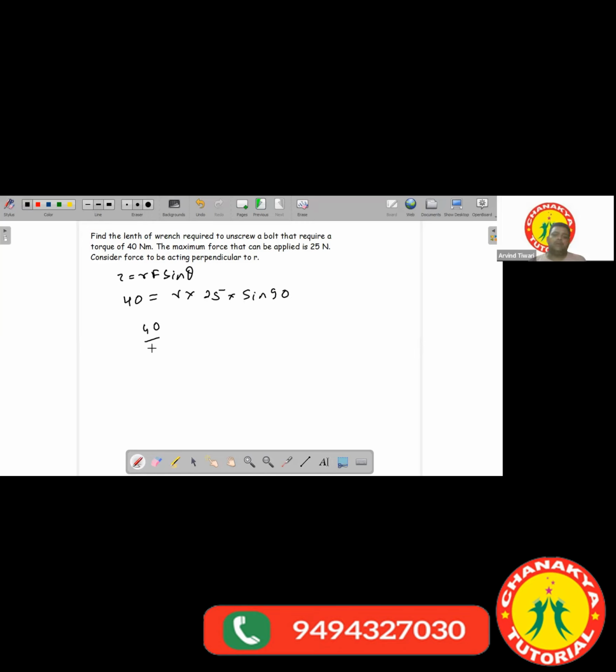So 40 over 25 will be equal to r, and you get 8 by 5. That's r. Okay, so that's the answer you got.